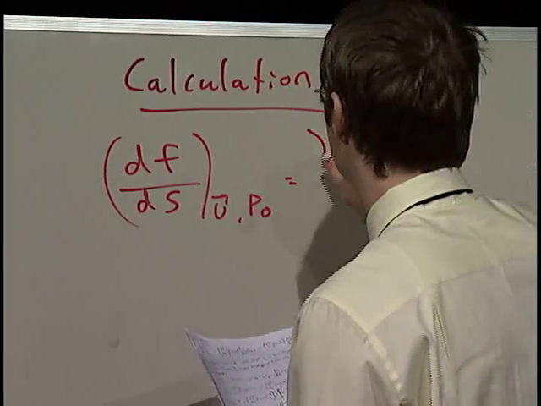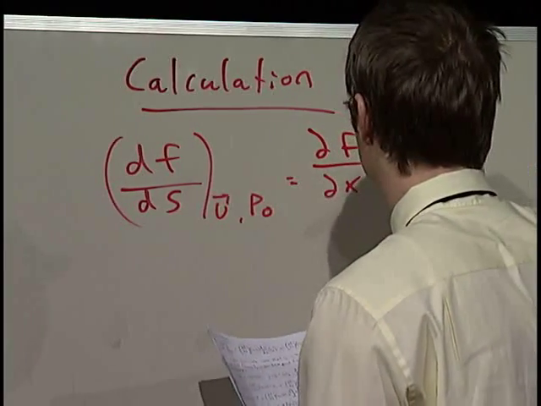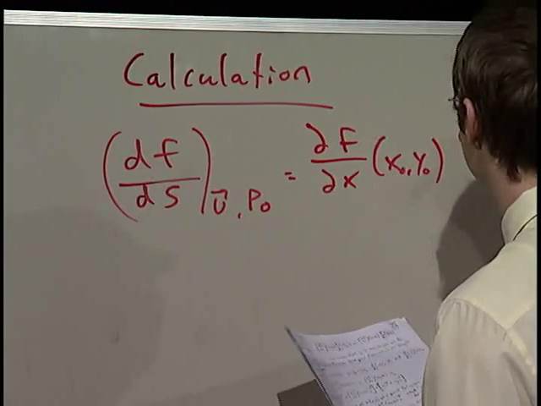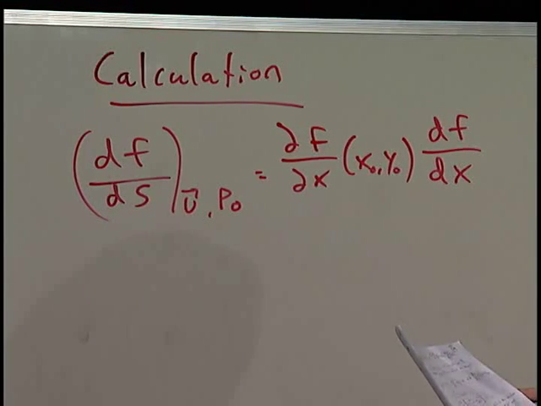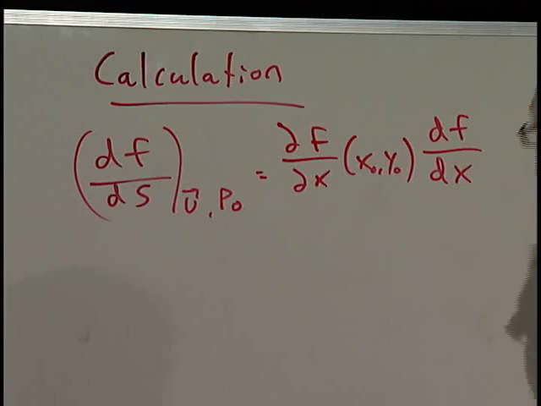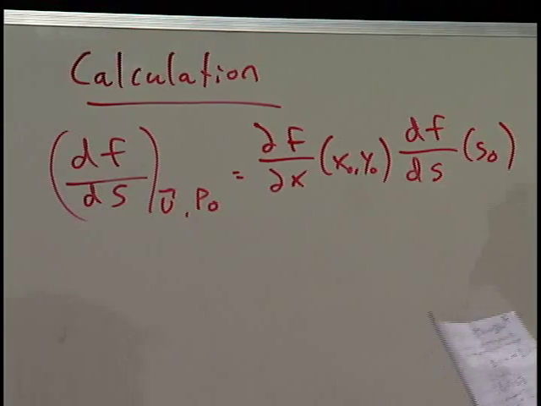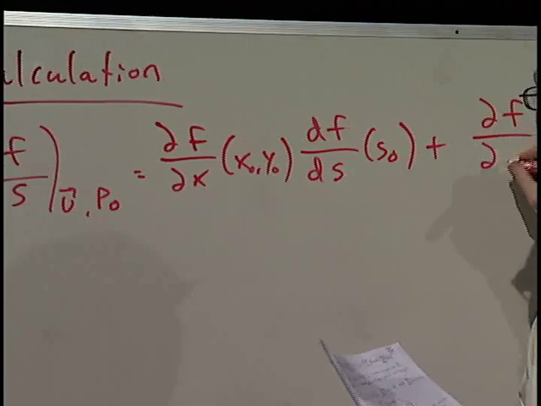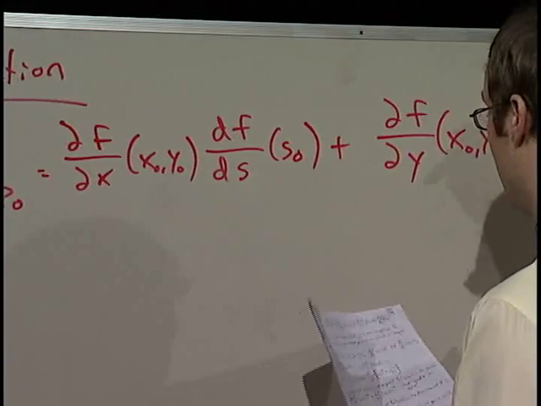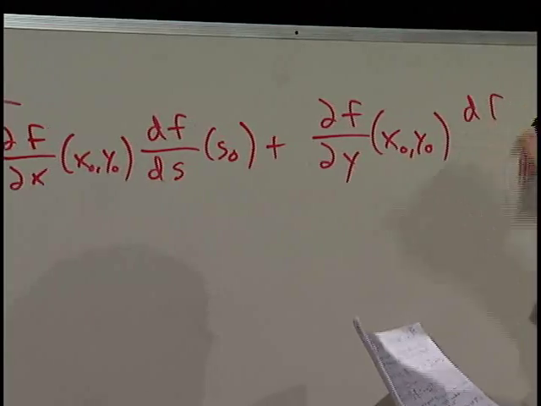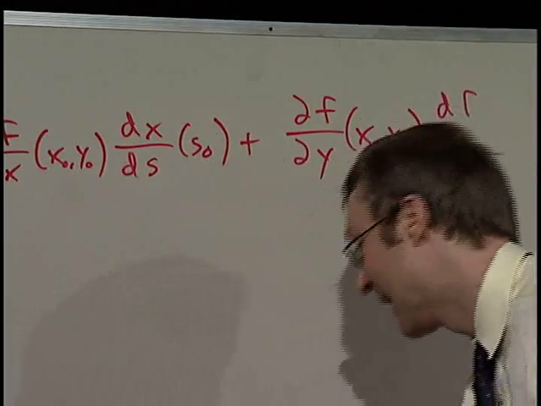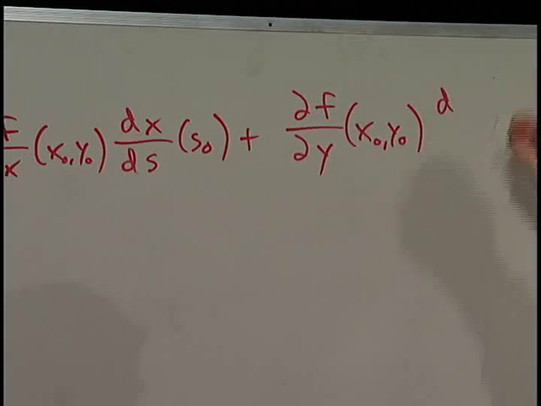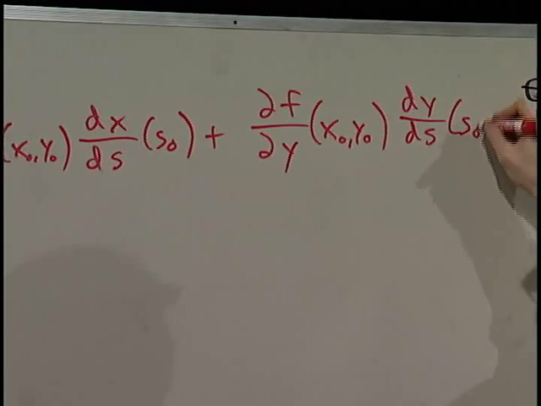So we get partial f partial x at x naught, y naught, times dx/ds at s naught, and then partial f partial y at x naught, y naught, times dy/ds at s naught.